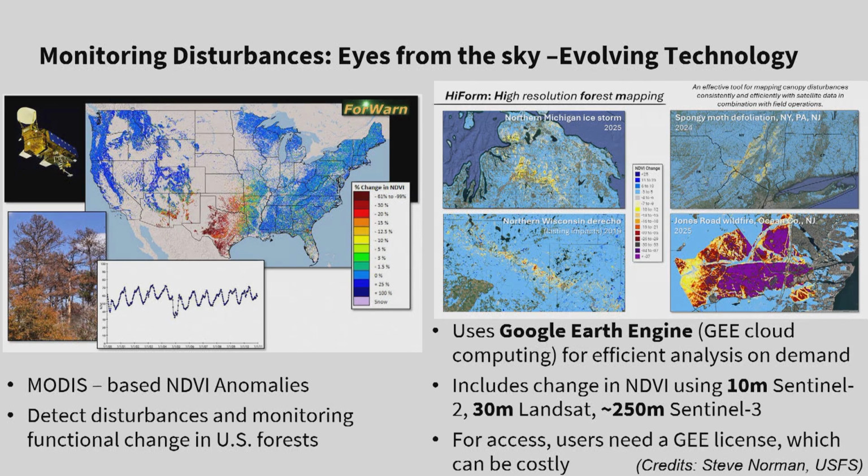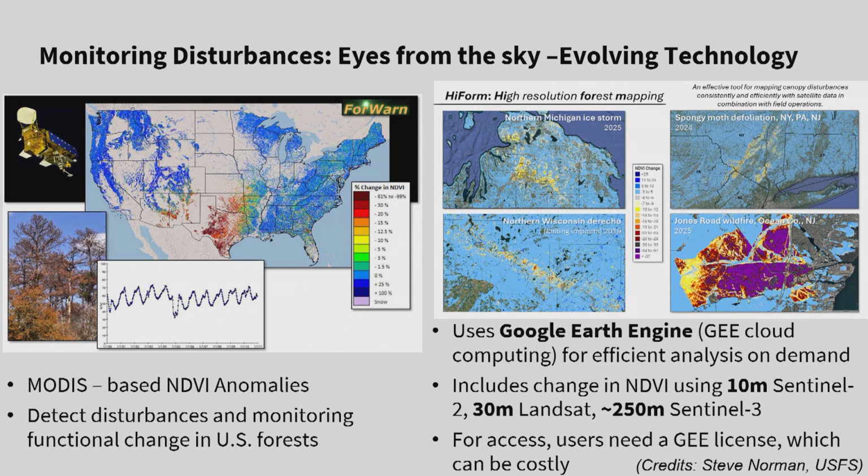Here's one of the examples, on the left, which we called FORWARN a few years ago. Bill Hargrove developed it working with NASA, using MODIS since 2000, to have this national-scale monitoring just using NDVI anomaly to see what's going on on the ground if there's a change in NDVI. So that's the basic principle.